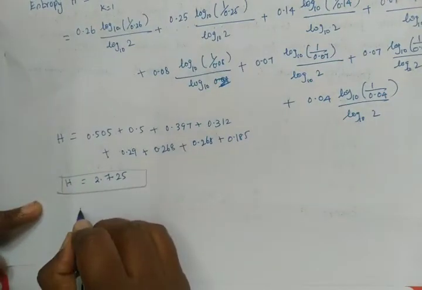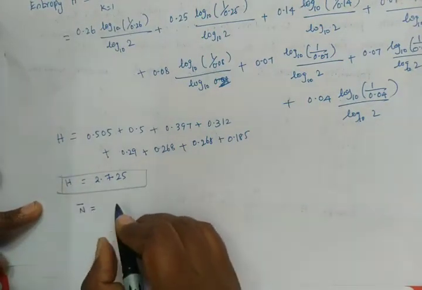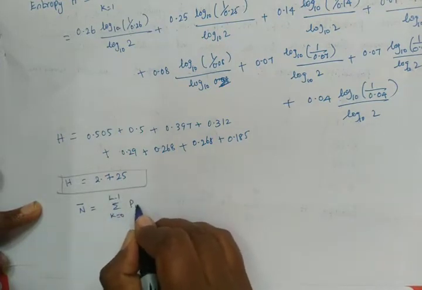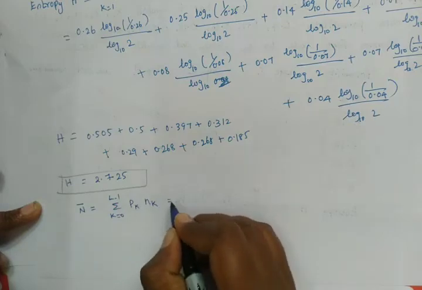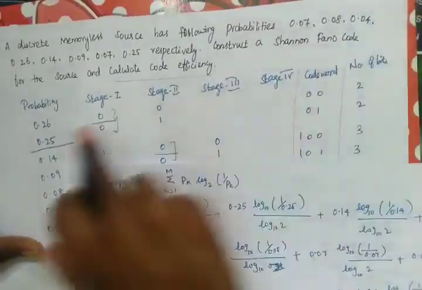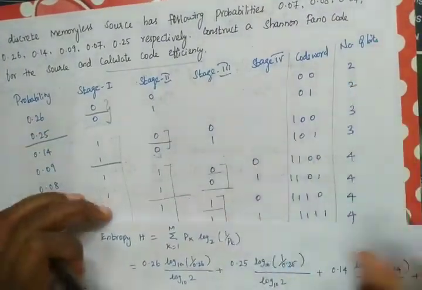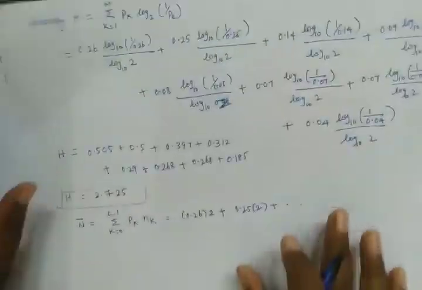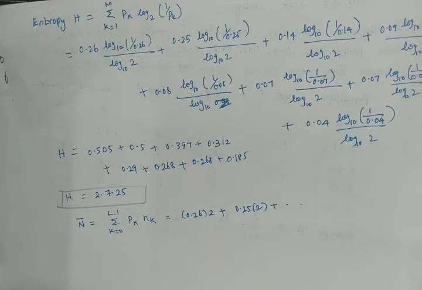We have to find n bar. So n bar is equal to, we know that, summation k is equal to 0 to L minus 1 of p k into n k. We know how to write this: that is 0.26 into 2, plus 0.25 into 2. I'll do the calculation straight away, because we know how to write this and I don't want to waste time.